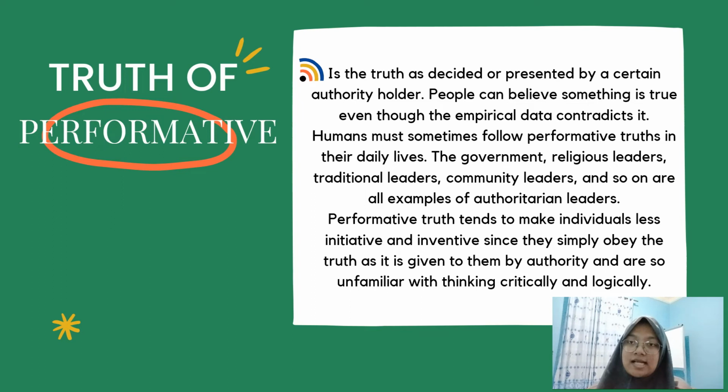The government, religious leaders, traditional leaders, community leaders, and so on are all examples of authoritarian leaders. Performative truth tends to make individuals less initiative and inventive since they simply obey the truth as it is given to them by authority and are so unfamiliar with thinking critically and logically.